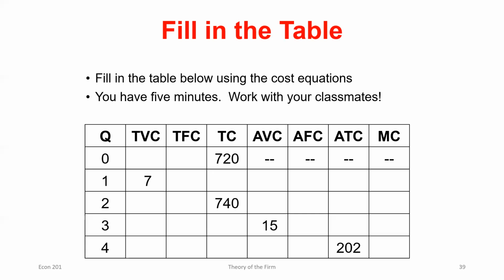My average total cost is equal to total cost over quantity. I'm at a quantity of 4, and my average cost is 202. So if I multiply both sides by 4, I get that my total costs are equal to 808. So I can fill in my total cost down here. Now that I know my total cost, what else?